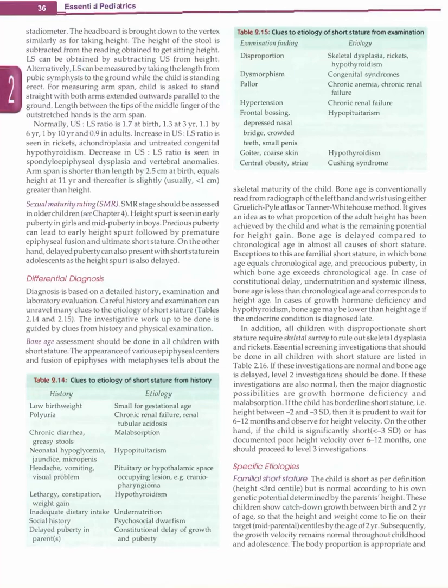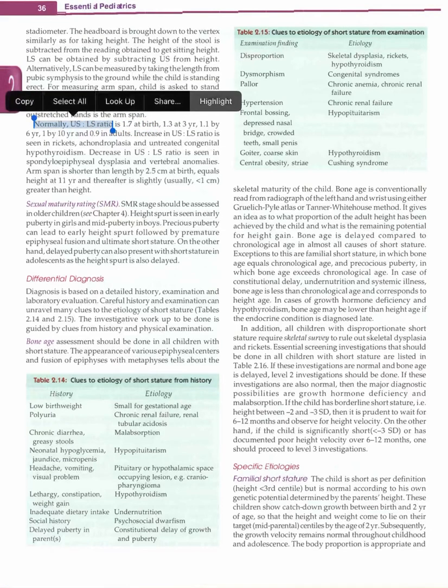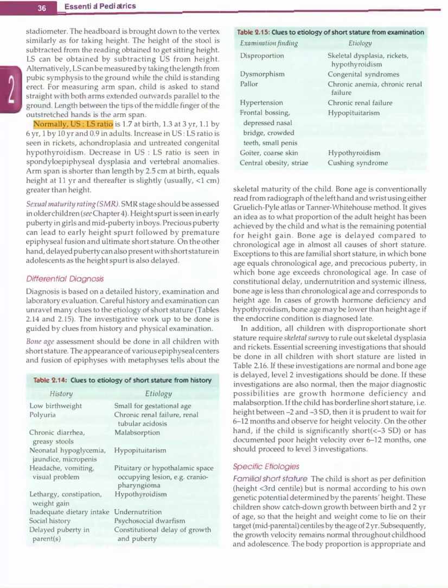The length between the tips of the middle fingers of the outstretched hands is the arm span. Normally, the US:LS ratio is 1.7 at birth, 1.3 at 3 years of age, 1.1 at 6 years, 1 at 10 years, and 0.9 in adults.